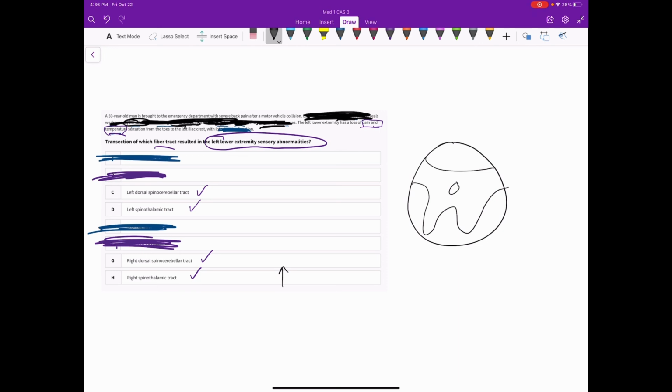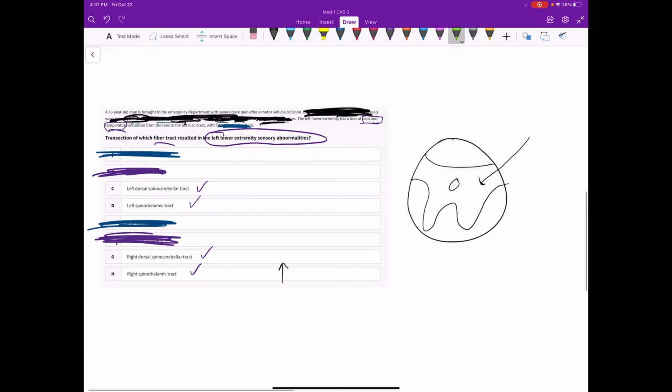It's only in one area, on the left side. It's got to come through the posterior gray horn, and now it could go three different ways. It could go up through the dorsal, up through the lateral, or up through the ventral.